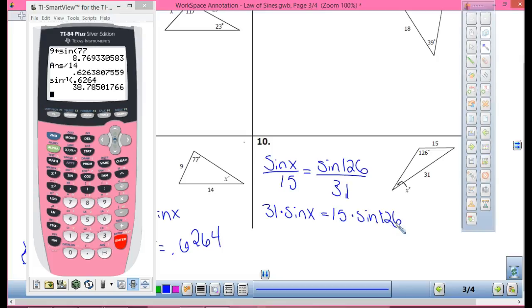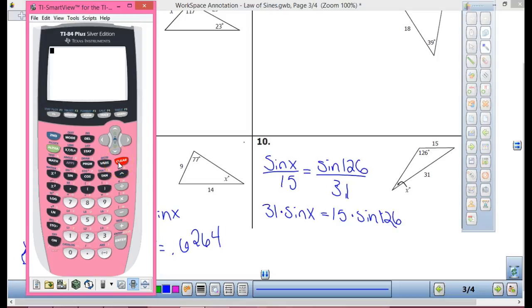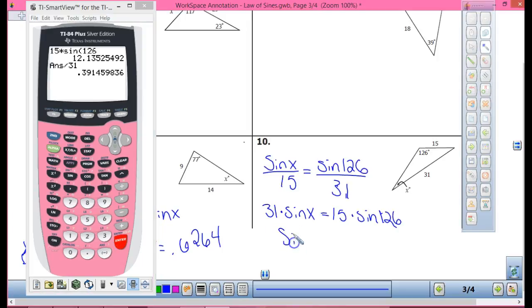Alright, so the side without x is what's going in first, right? So 15 times the sine of 126. And then what am I dividing by? Divide by 31. Okay, and then you're going to have to write it out. Sine of x equals 0.3915.